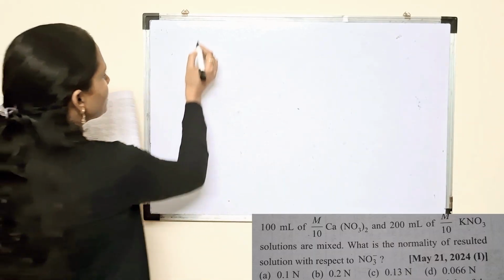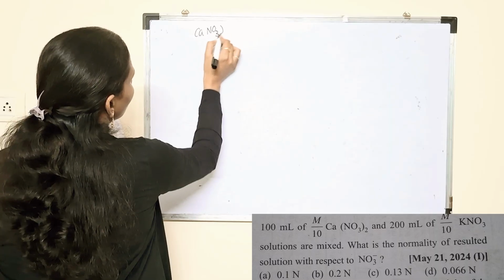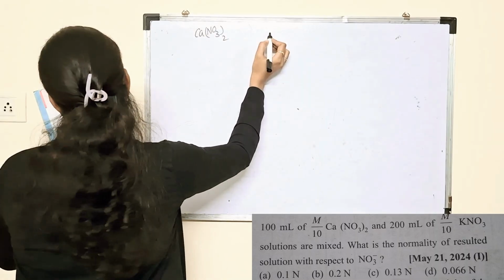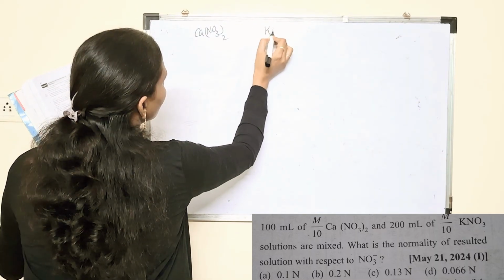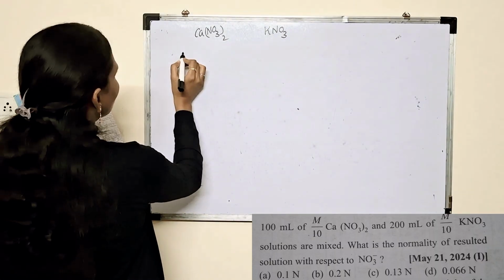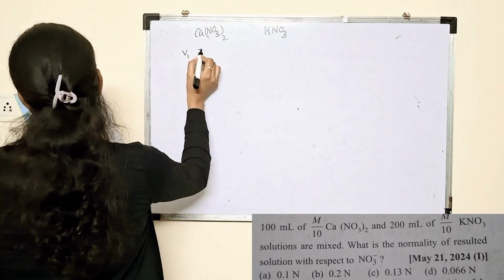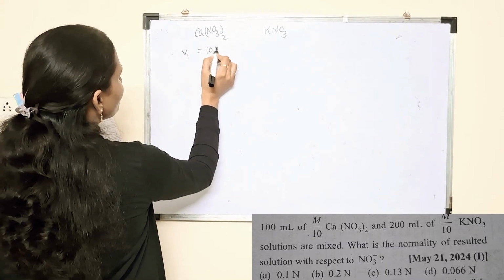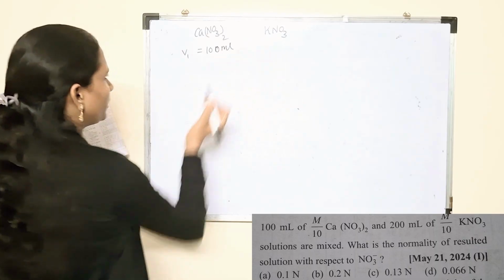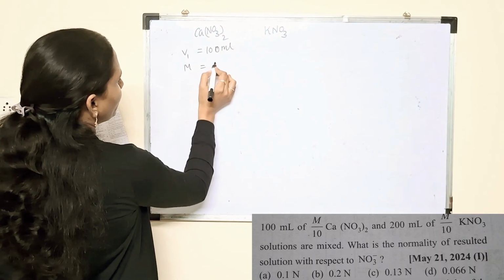Here, Ca(NO3)2, calcium nitrate, is added to the KNO3. Take this volume as 1. So V1, how much did they give? 100 ml, which means the first solution volume is 100 ml, and the molarity is 1 by 10.